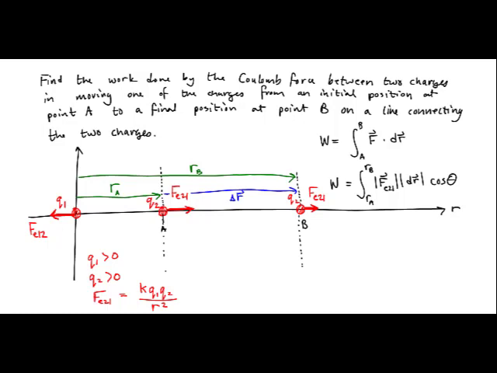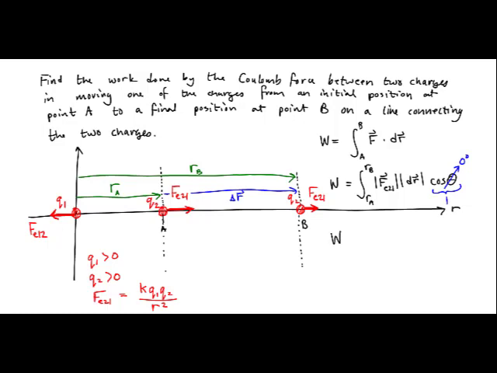Since the Coulomb force acting on charge 2 is in the same direction as the displacement of charge 2, we know that the angle between those two vectors is 0 degrees. And if the angle is 0 degrees, then the cosine of the angle is 1.